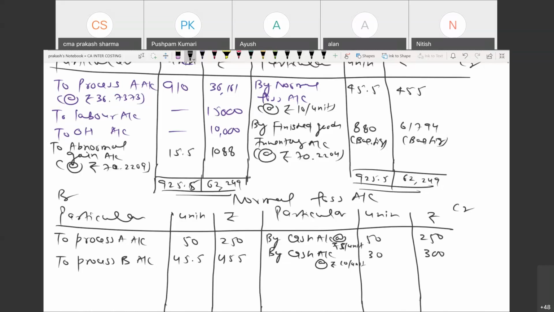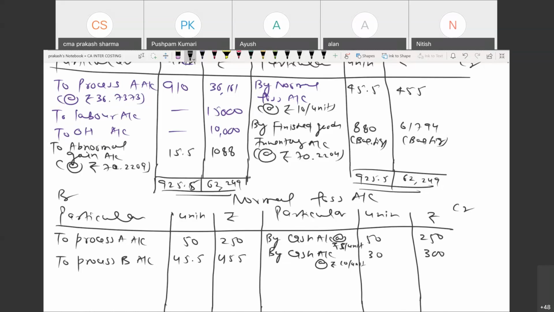First, let us understand this point again in English. Okay, in process A, we estimated that our normal loss would be 50 units. But in process A, we get additional loss also, whereas the normal loss was for 40 units. So in process A, the normal loss, whatever estimated, has actually occurred.